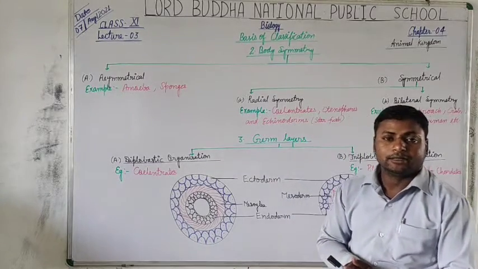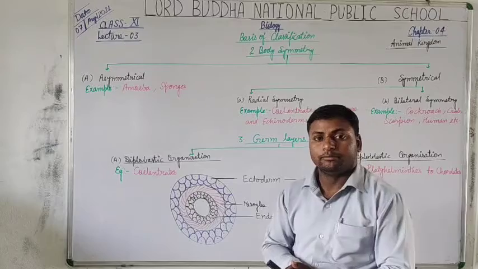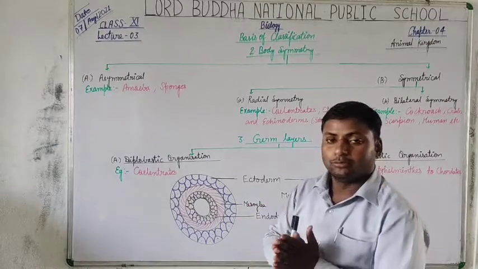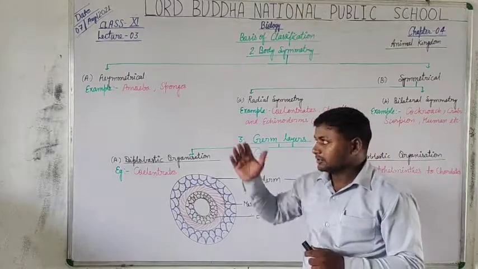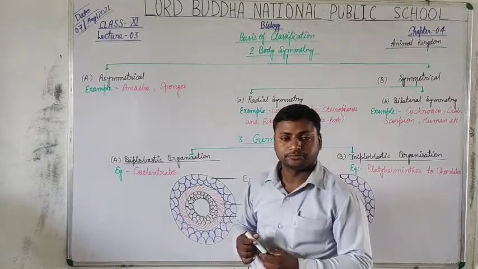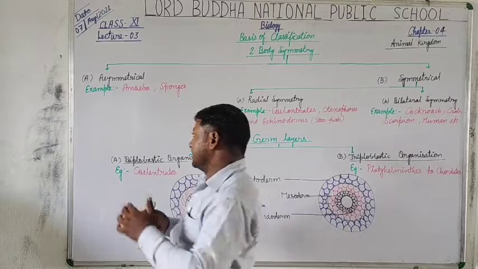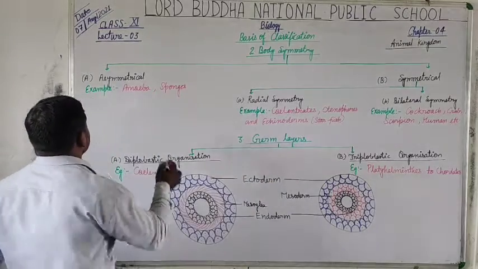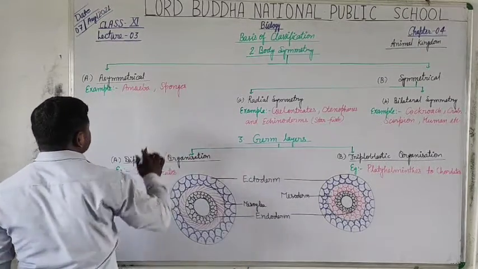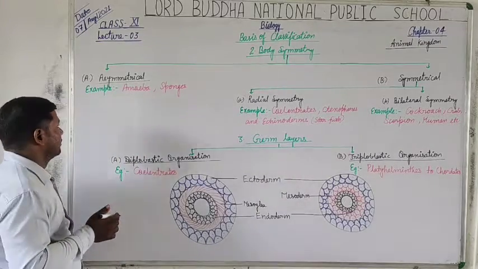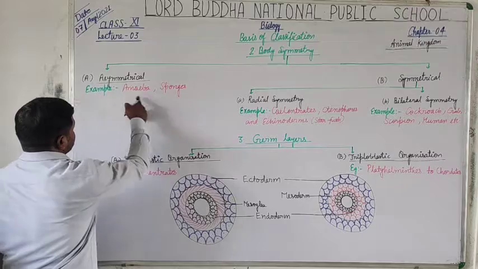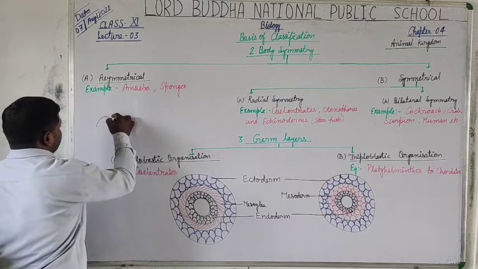The body symmetry on the basis of the shape of the animal's body is of the following two types. The first one is asymmetrical. In asymmetrical animals, the body is irregular in shape, that's why it is called asymmetrical. For example, amoeba.